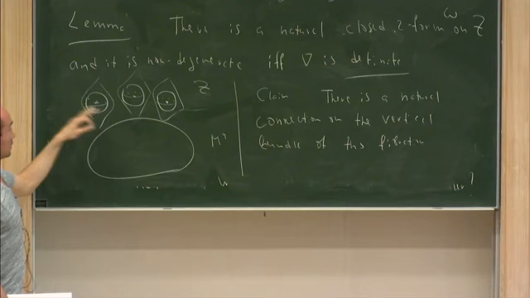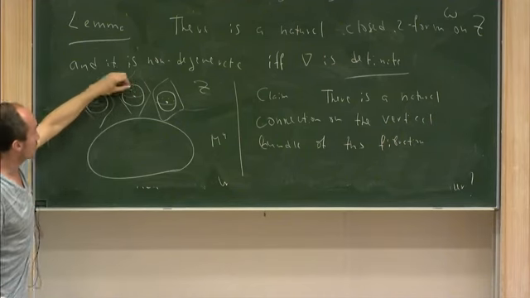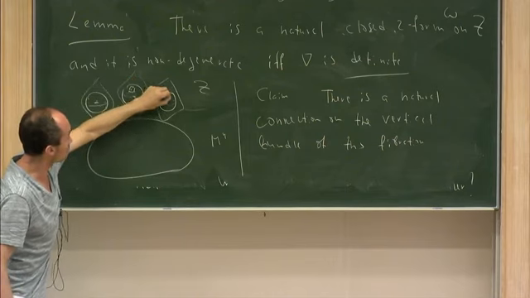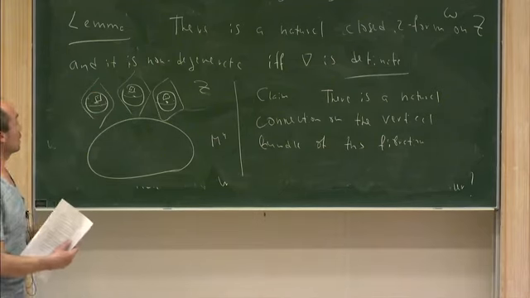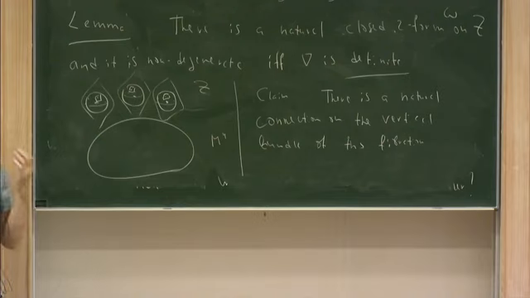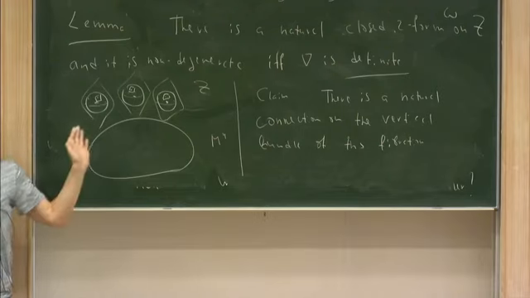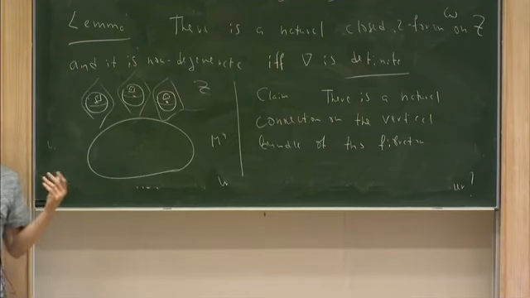You have this bundle, and you have the S2 bundle, and here a rank 2 bundle, which is just vertical. And the claim is that there is a natural connection on this bundle, so there is a natural parallel transport on this bundle.